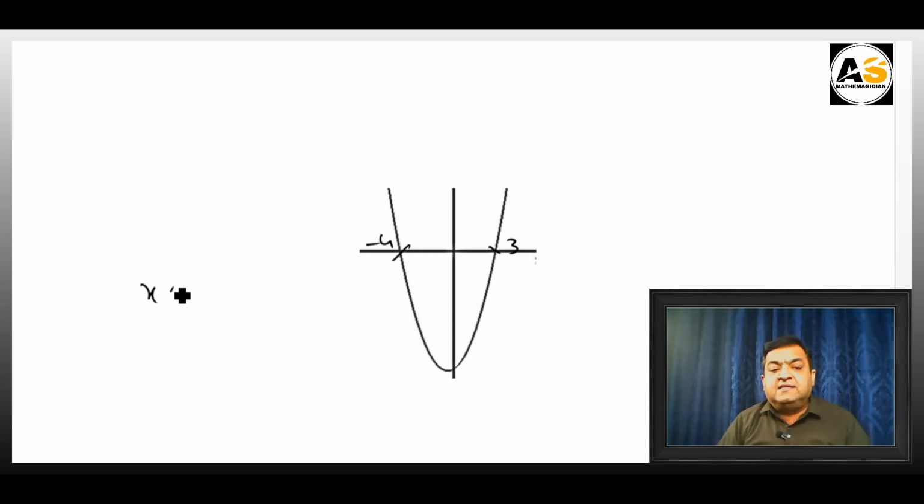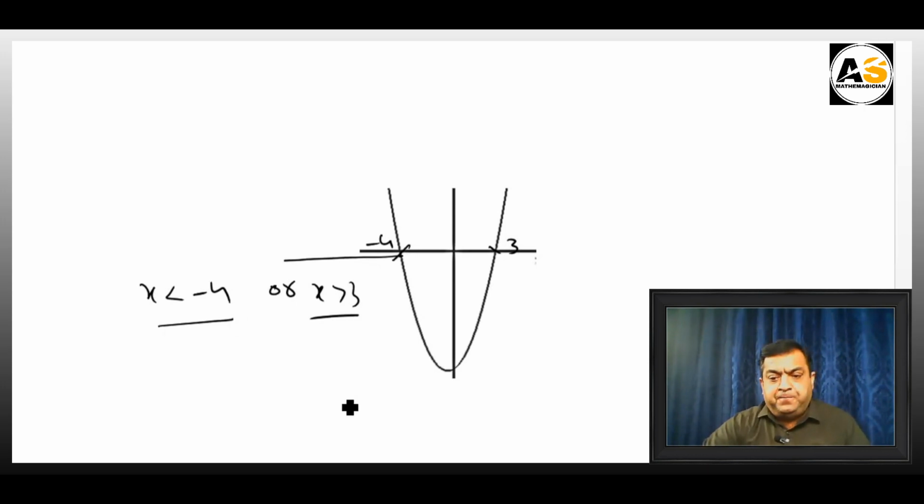It means x is less than -4. For -4 and lesser numbers, it is positive, and for 3 and greater numbers, it is positive. So x is less than -4 or x is greater than 3. So this is the solution of the given quadratic inequality.